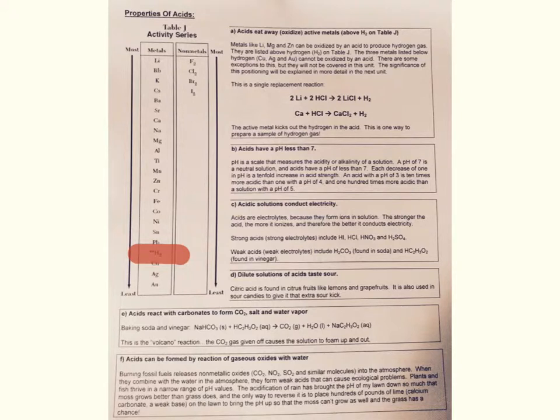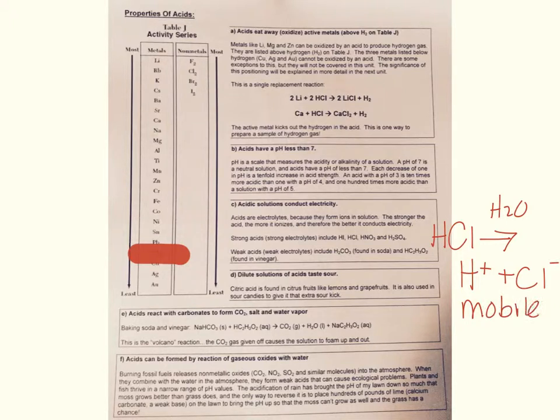Acids conduct electricity, as I said, because you form mobile ions. It ionizes in water. So if I have HCl in the presence of water, it's going to form H plus and Cl minus. I have mobile ions, or what I like to refer to as mobile charge.